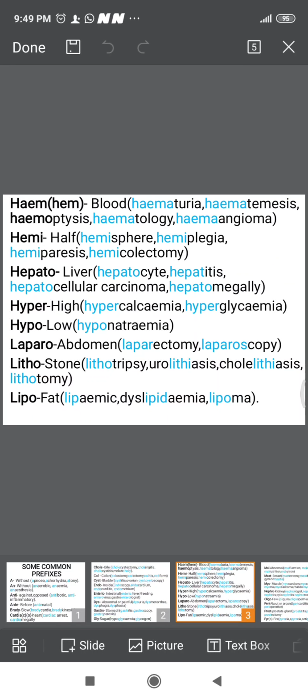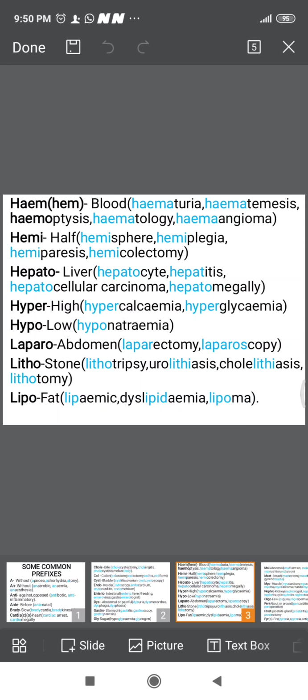So hemiplegia means when half of the body is paralyzed, and hemiparesis means weakness of half of the body. We have hemicolectomy, which is when half of the colon is being removed.